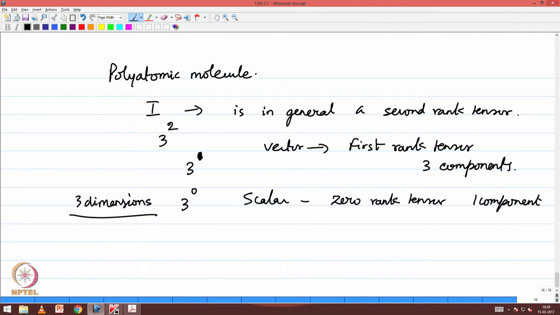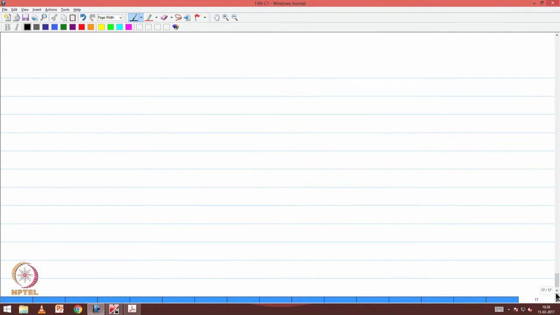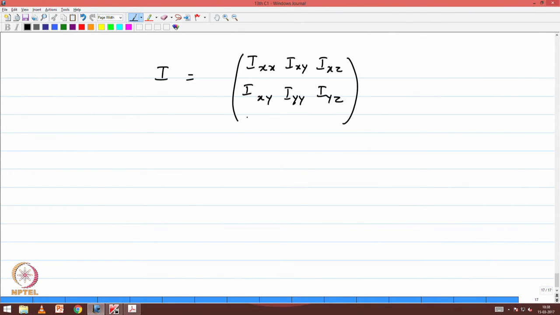So, in that sense the moment of inertia is a second rank tensor, but the physical requirement of the moment of inertia is such that when we write the 9 components in the form of a matrix with the 9 directions I_xx, I_xy, I_xz, I_yx, it turns out that I_xy and I_yx are the same, then I_yy and I_yz, and likewise I_xz and I_zx turn out to be the same.